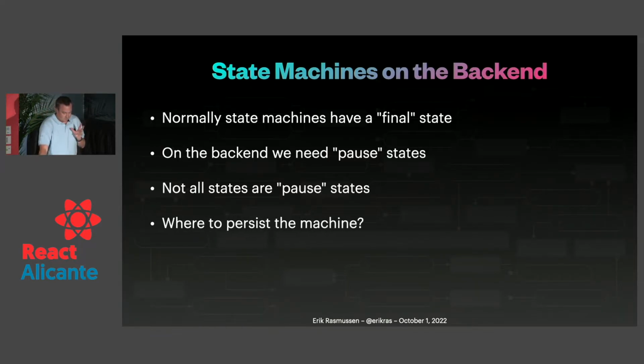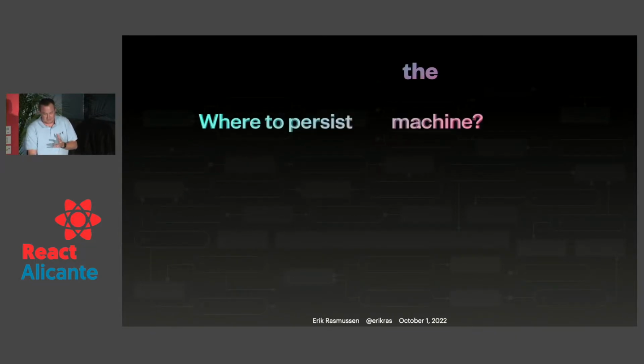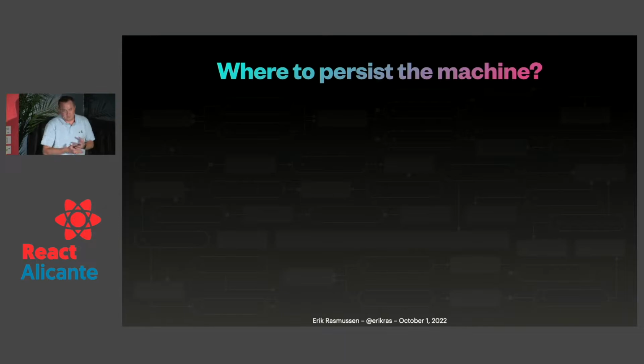But we have a complicated problem here of where do we persist the machine? Because HTTP is fundamentally stateless, and now that we're moving away from servers to serverless and to putting everything on the cloud and the edge, we have to figure out some way to maintain our machine.